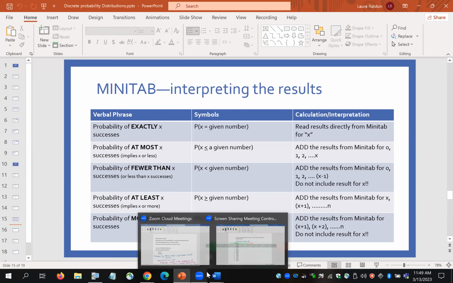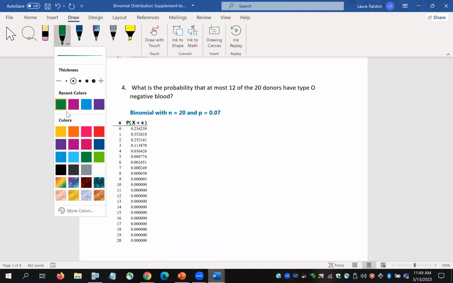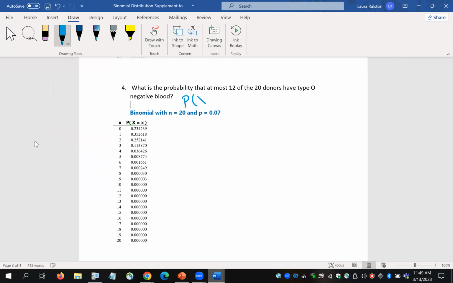You do include the X. So at most is the probability that X is less than or equal to 12. So you're going to do 0, 1, 2, all the way up to and including 12. And quite honestly, for this scenario, that's going to be 1.